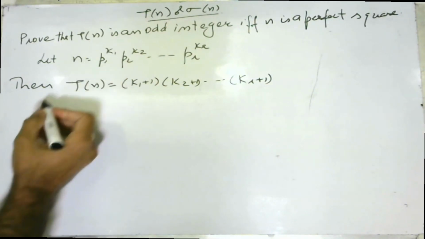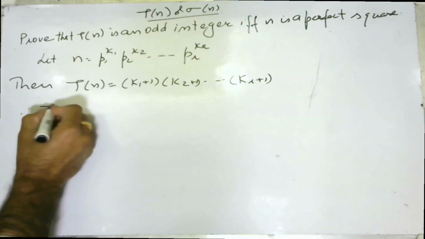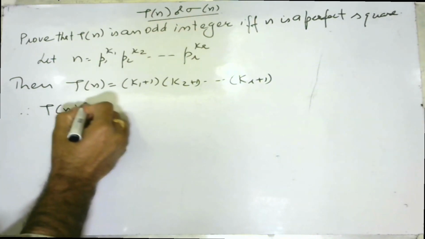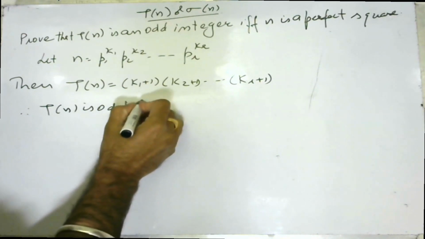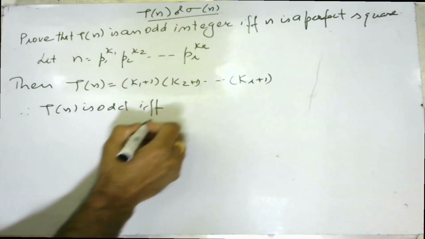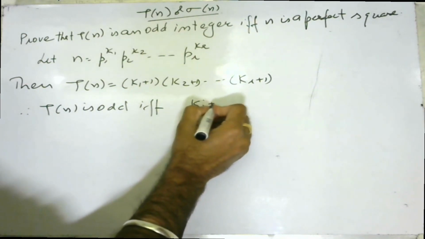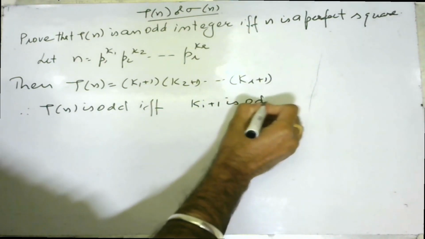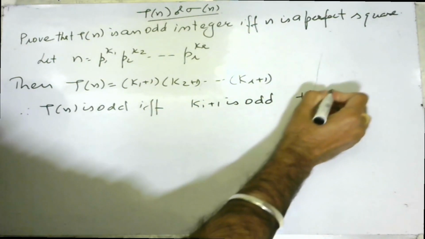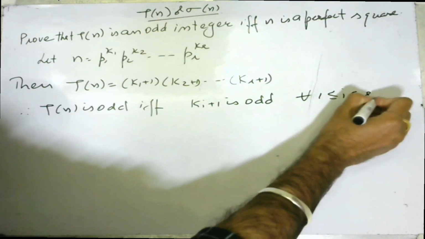So as given, therefore tau n is odd if and only if ki plus 1 is odd for all i from 1 to r.